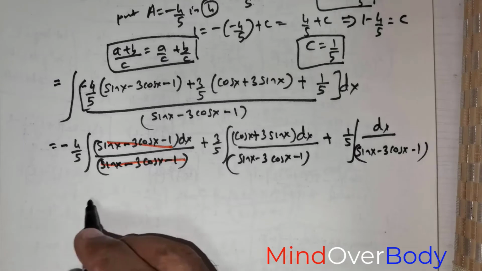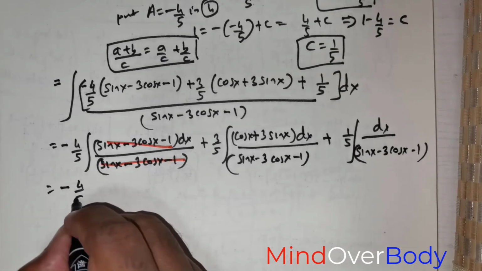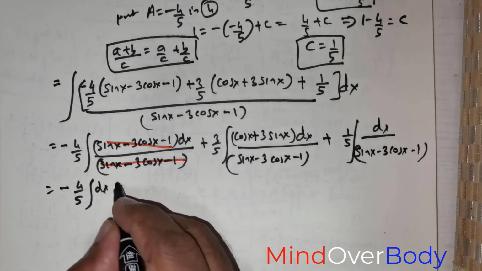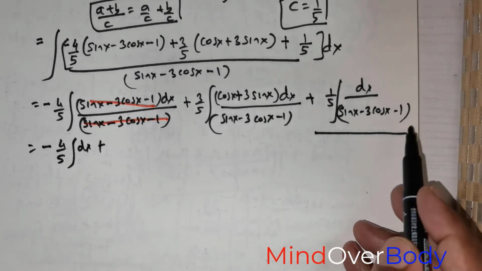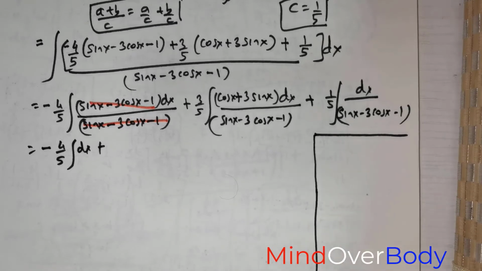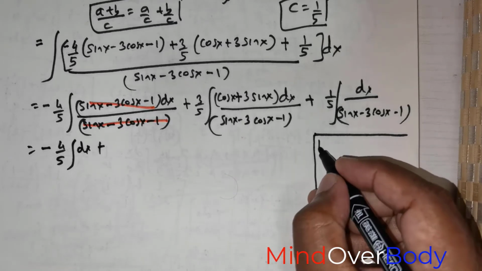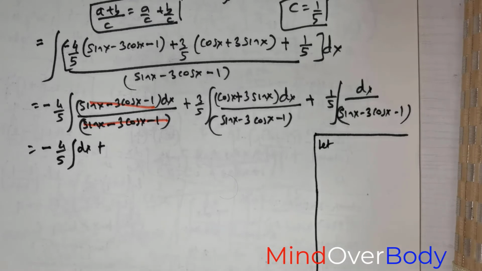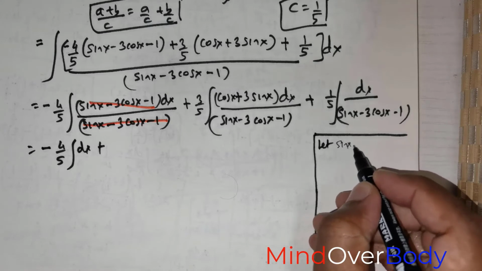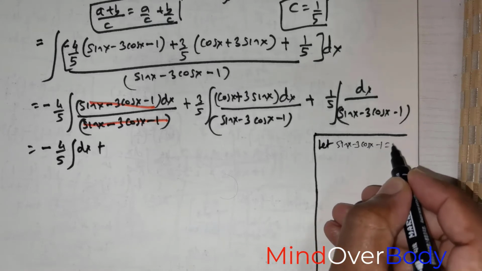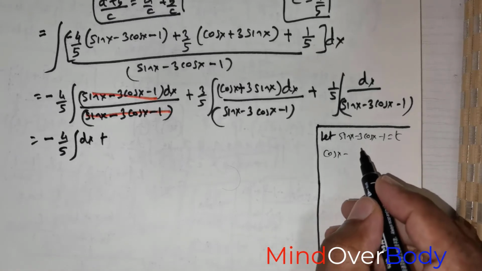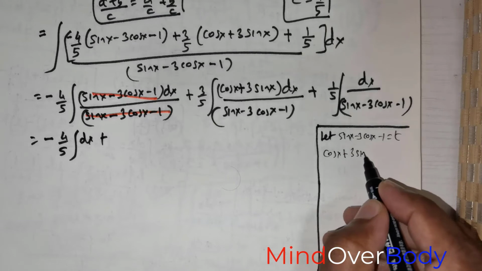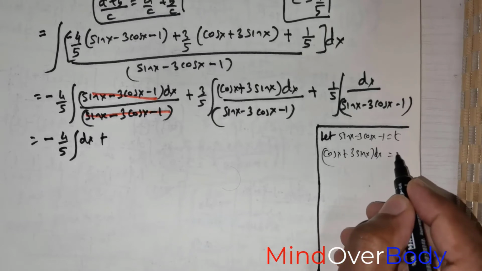and this is going to be negative 4 over 5 integral of dx positive. Now for this quantity, let me take sin x negative 3 times cos x negative 1 is equal to t. Differentiating this would give me cos x positive 3 times sin x times dx is equal to dt.